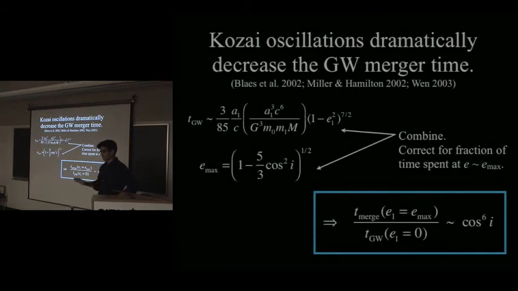So remember, the inclination of 90 degrees is cosine I of 0, and that would say the merger time would be instantaneous. If the inclination is 85 degrees, as I was suggesting, that's a cosine of 0.1, and 0.1 to the 6th power is 10 to the minus 6. So we know that this is going to be a very strong factor.